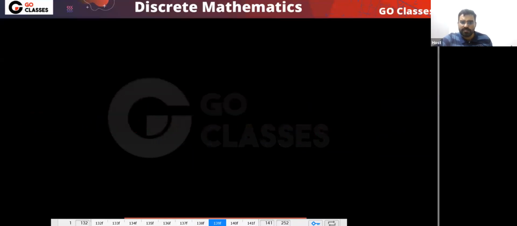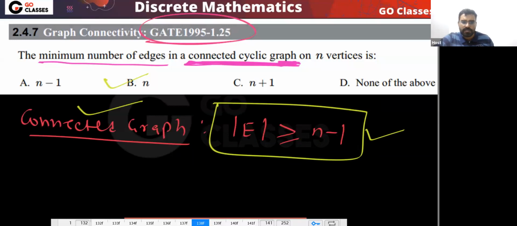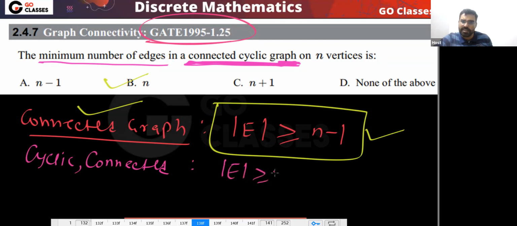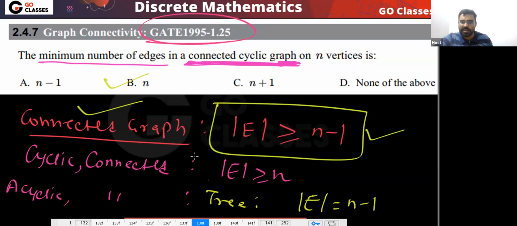This we have already seen. So very simple. If connected and cyclic, then the number of edges will be greater than or equal to n. And if your graph is acyclic and connected, that is a tree, for that the number of edges will be n minus 1.